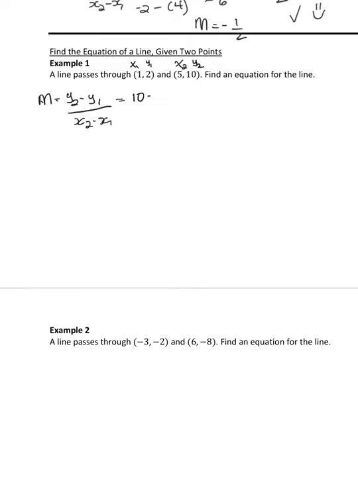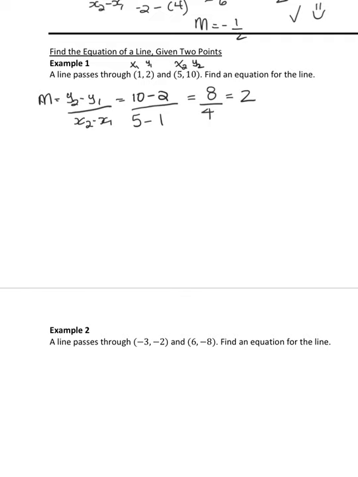My y1 here is 2. Divided by x2 is 5, x1 is 1. Okay, 10 minus 2 is 8, 5 minus 1 is 4, 8 divided by 4 gives me 2. So this is telling me that my slope in my equation is 2.